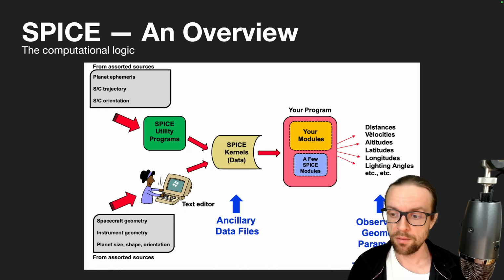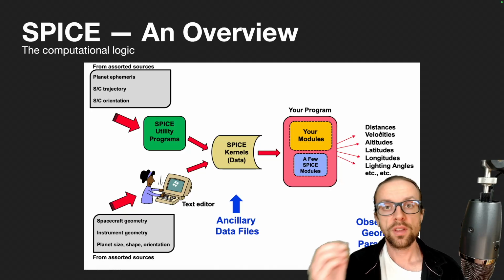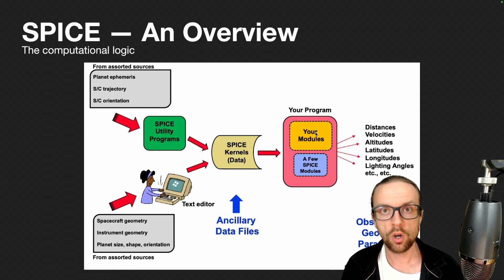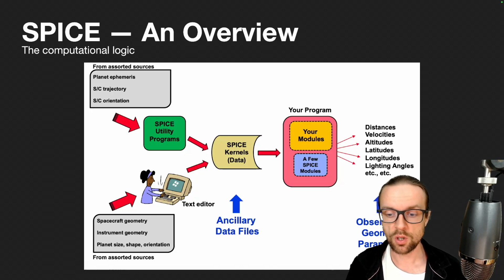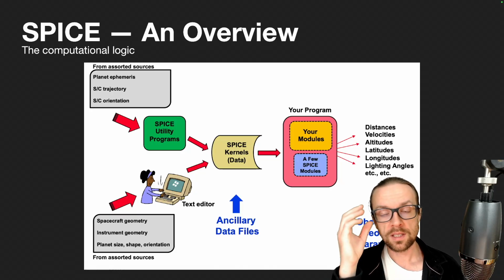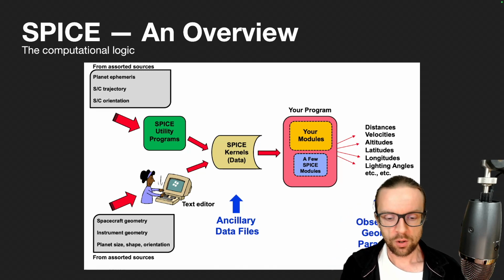You want to determine velocities, altitudes, angles, and what have you. So the things that I was just showing you. So we have our own module, our own computational code, for example, to determine a density or so. And we have the SPICE modules that we need to determine this. For example, we need the position of Cassini, the position of the moons, the position of Saturn, and also the orientation of the instruments. And how do we do that?